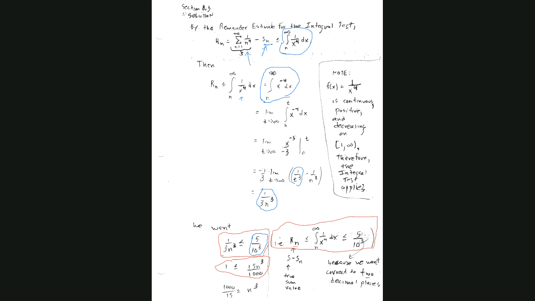So that means 1,000 over 15 is less than or equal to n cubed. If you multiply both sides by the reciprocal 1,000 over 15, you'll be left with n cubed alone. I'm just trying to take it slow, make sure everybody's comfortable.